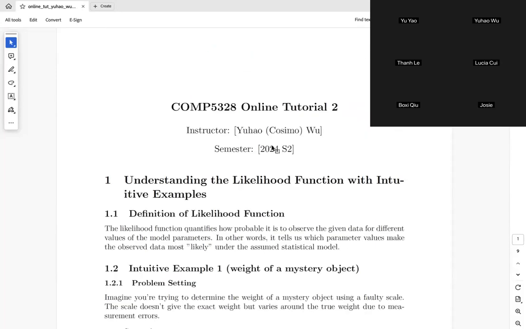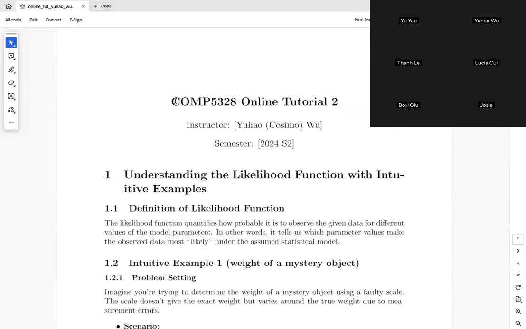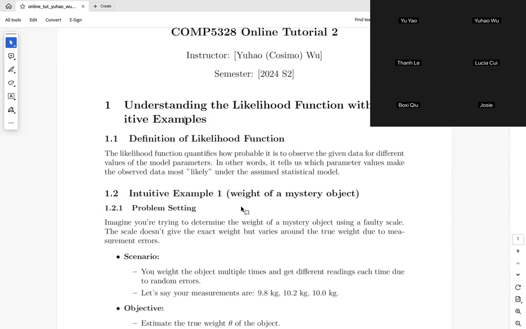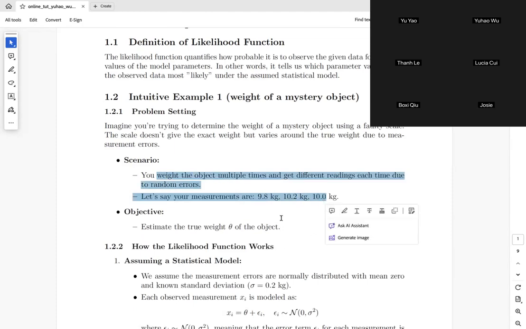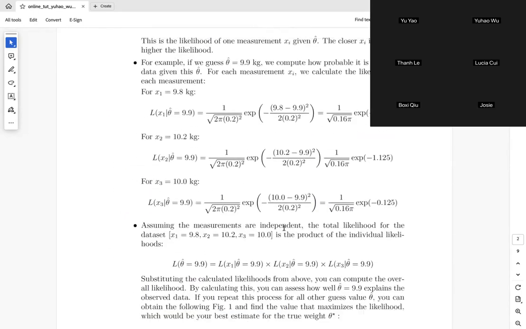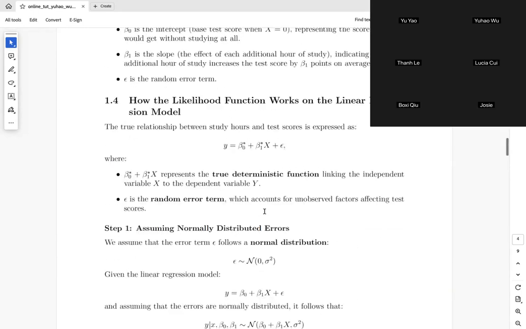So I will make a summary about today's online tutorial. We have three things. One is understanding the maximum likelihood function with two intuition examples. One is just a simple case about the weight object, and the second is about linear regression.